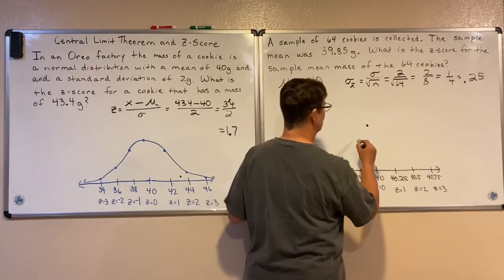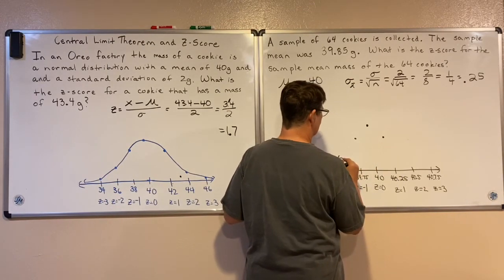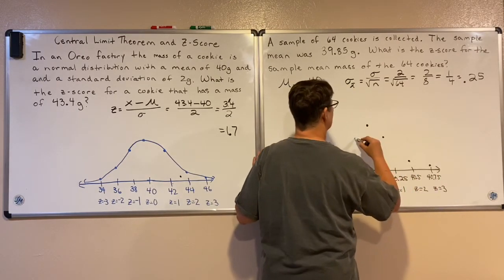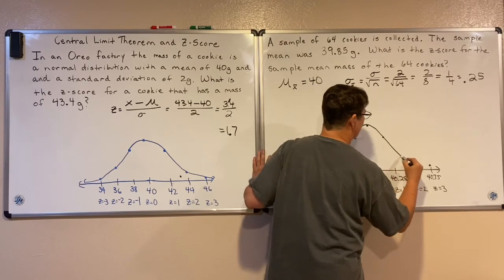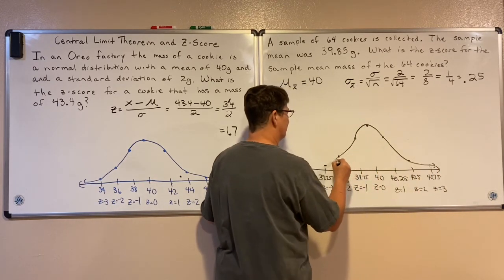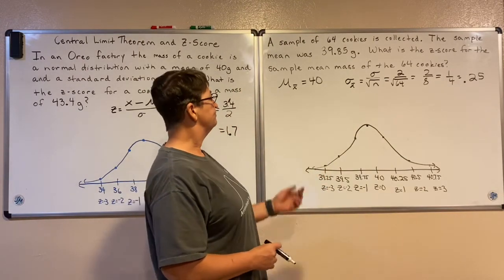So the distribution that this particular sample mean belongs to looks something like this. We know it's normally distributed based upon the central limit theorem. We know that it has the same mean as its population, but that its standard deviation is smaller.